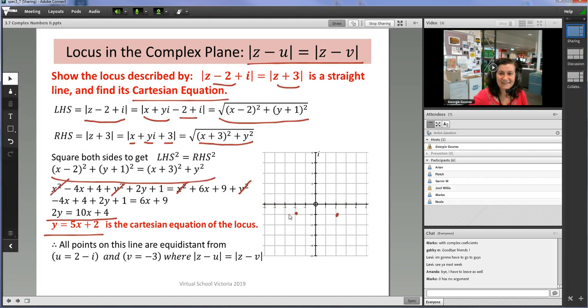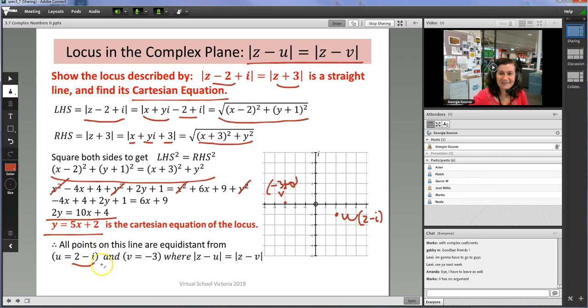So this is u down here, 2 minus i, and v is equal to negative 3, plus 0.